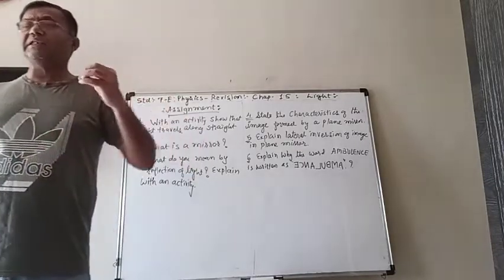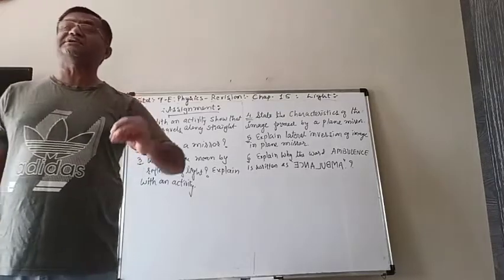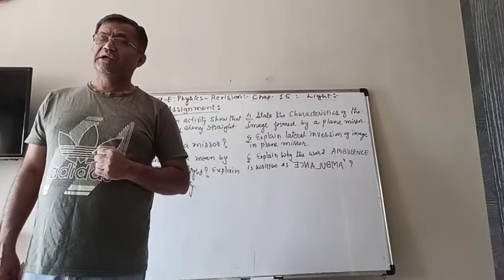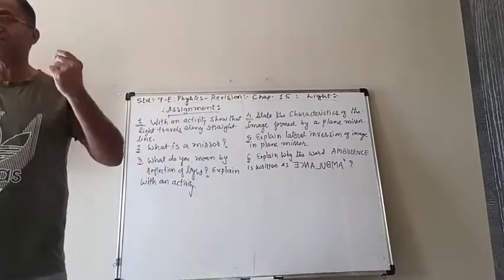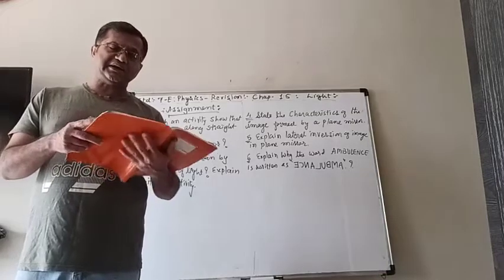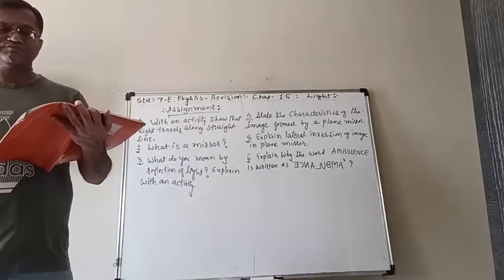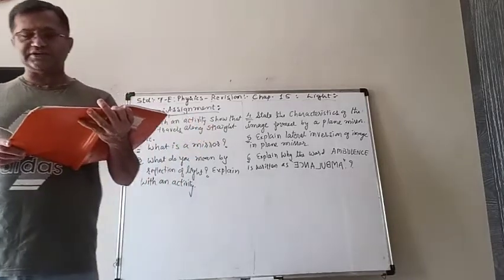So when light falls on a shiny object like a mirror, or a highly polished surface, that surface acts like a mirror and changes the direction of the light, and that phenomenon is known as the reflection of light.